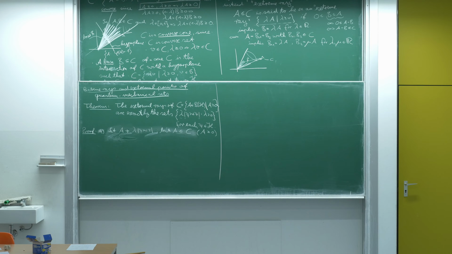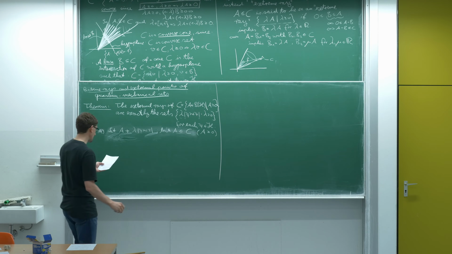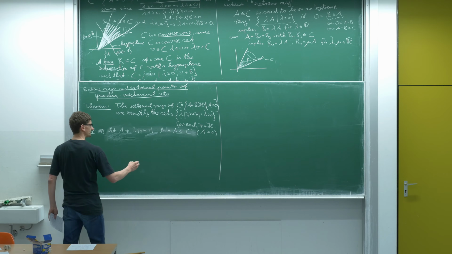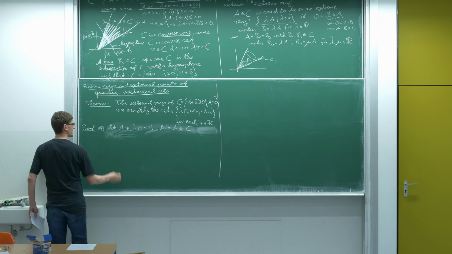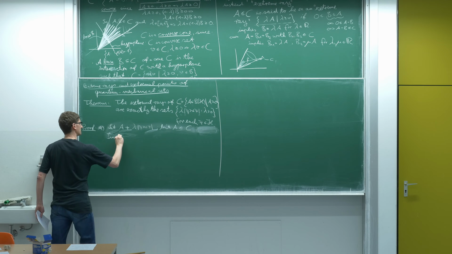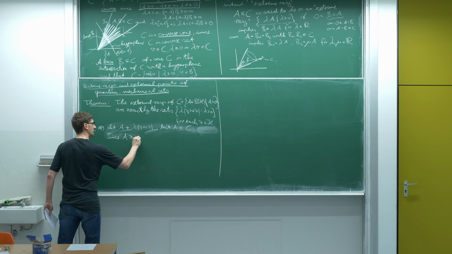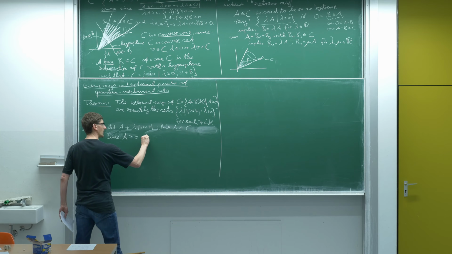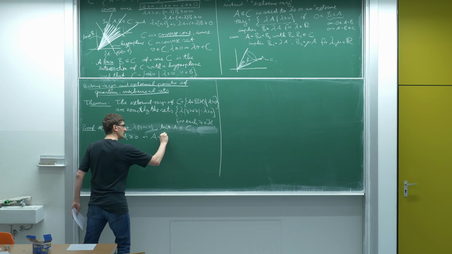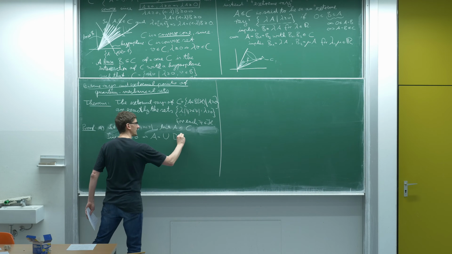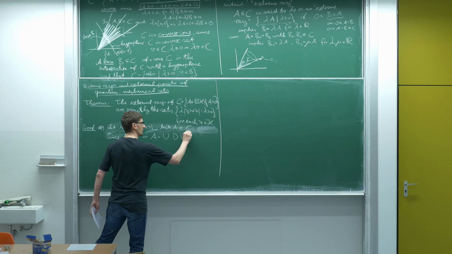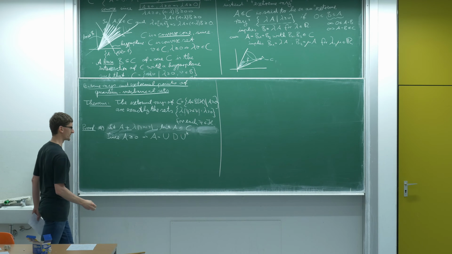So what does this mean? Since A is greater or equal than 0, we can write A as a unitary times a diagonal operator times a unitary star by the spectral theorem.